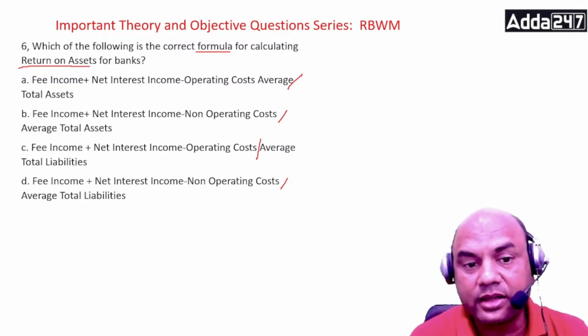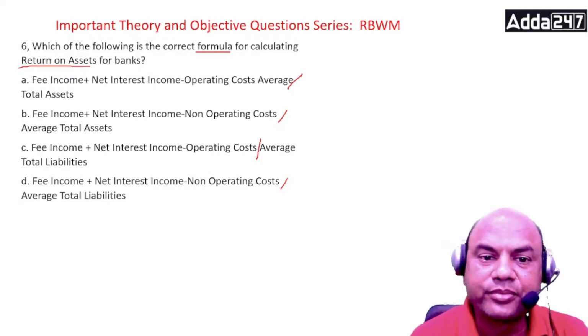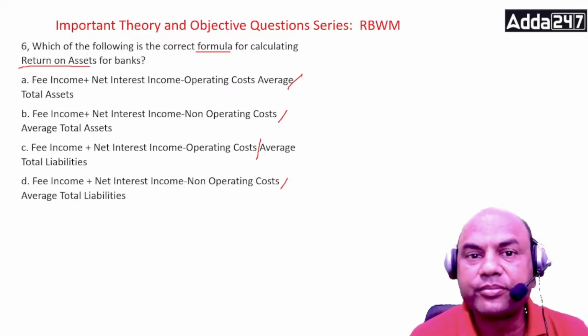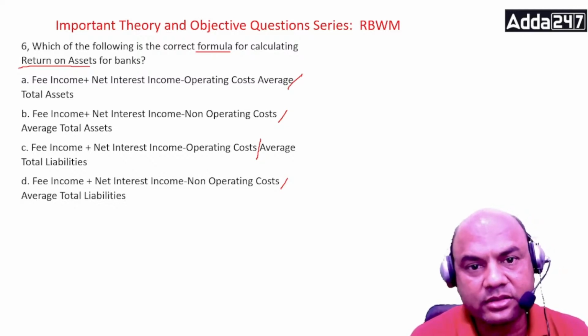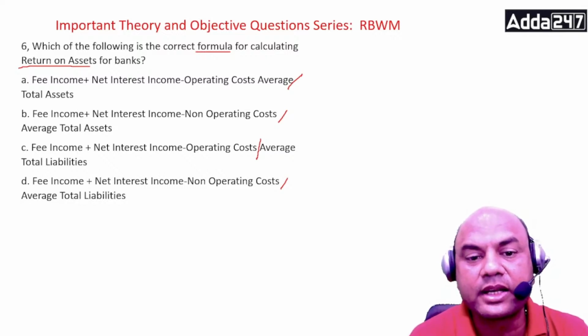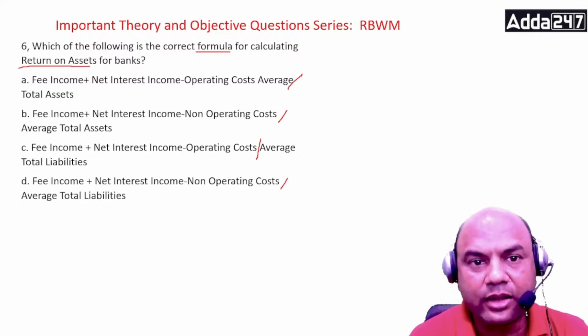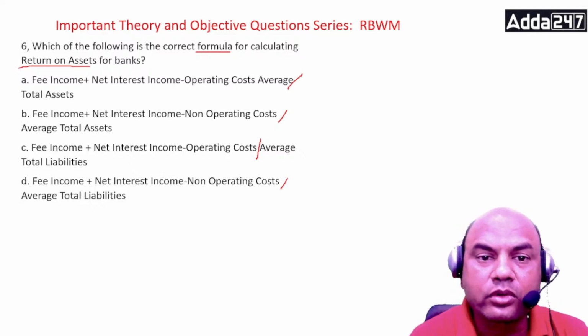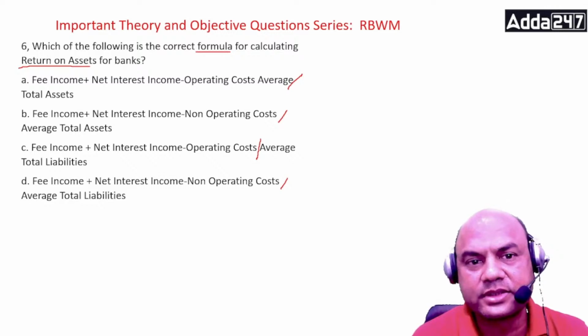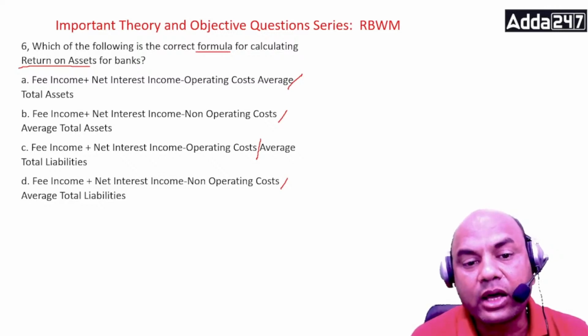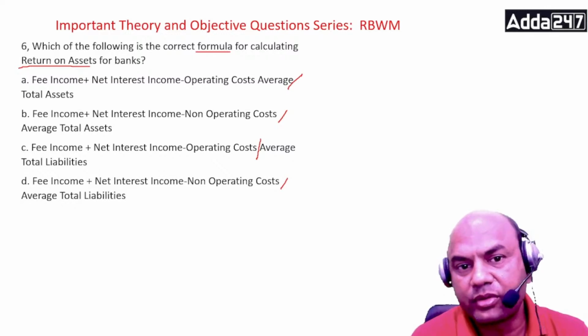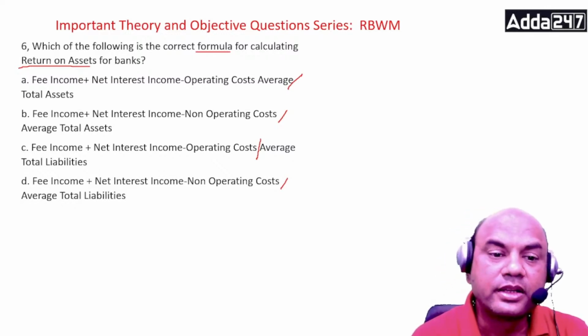In NIM, we always calculate only the core income, means net interest income. Whenever we calculate NIM, we take NII upon total assets. But in ROA, we add fee income to that. So that is the difference.